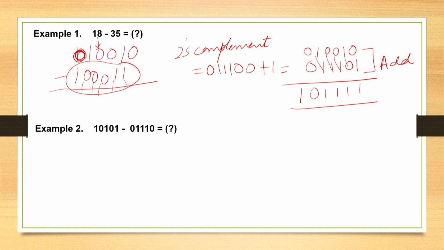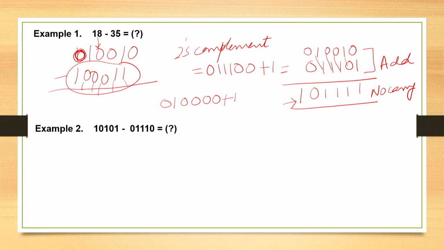So here there is no carry. So step 3 of the method says you have to find the complement of the result. So its complement becomes what? Your 0, 1, 0, 0, 0, 0. So this is the 1's complement.